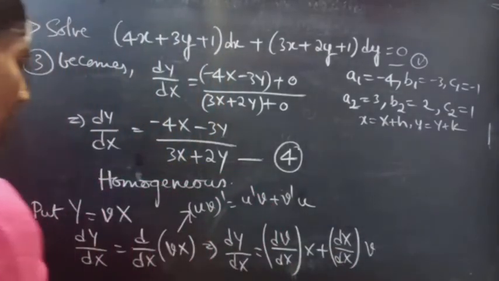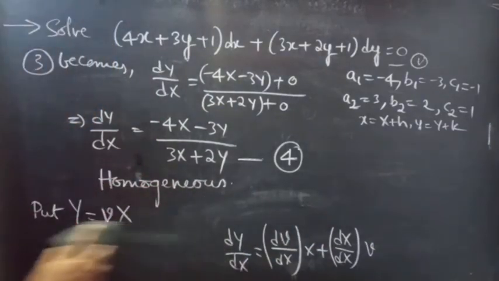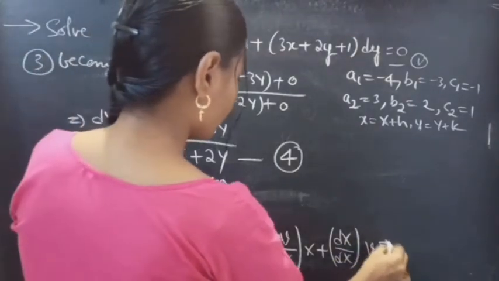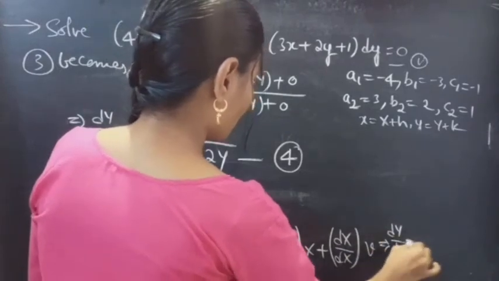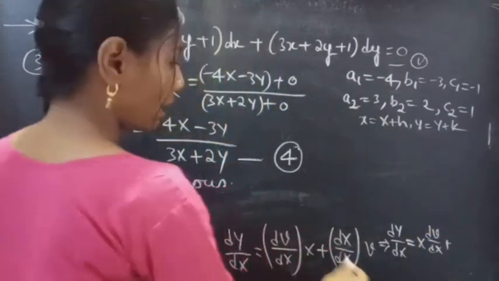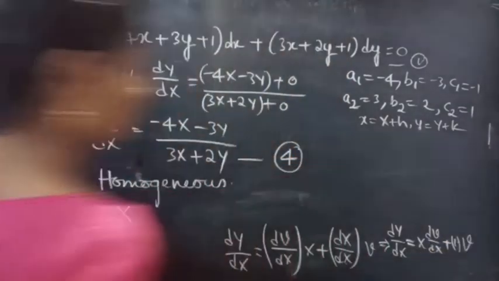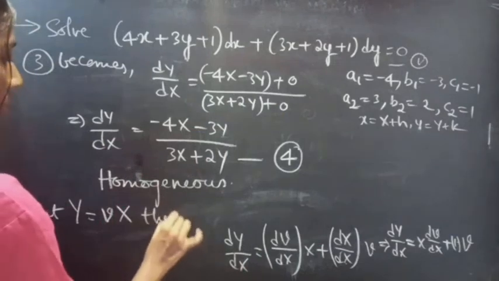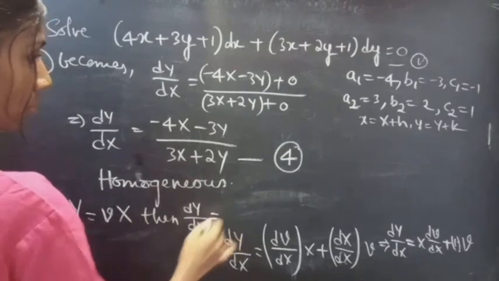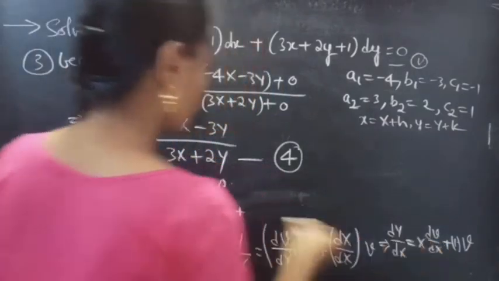So from this we'll get dy by dx equals x into dv by dx plus 1, derivative of x with respect to x is 1, into v. Okay. If y equals vx, then dy by dx will be 1 into v plus x into dv by dx.